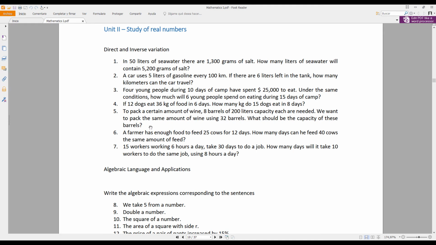We want to pack the same amount of wine. Look here, the same amount of wine. That information tells us that it is not a direct variation. Why?